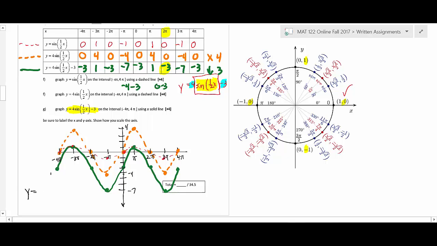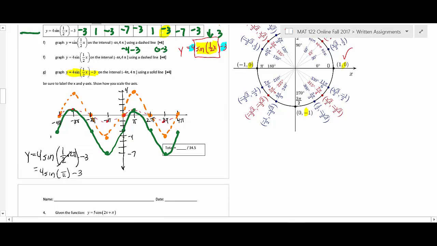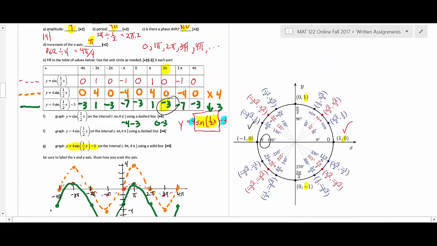So if I take the function that we're doing, y equals 4 sine of 1/2 x minus 3, if I just plug in 2 pi, I'm just doing that because it's easy, what would happen is the 2's would cross out, so you're really looking at 4 sine of pi minus 3. Now if you look at the unit circle, at pi, the sine is 0, so you'd have 0 minus 3, you have -3, look at that, that's what you're supposed to get.